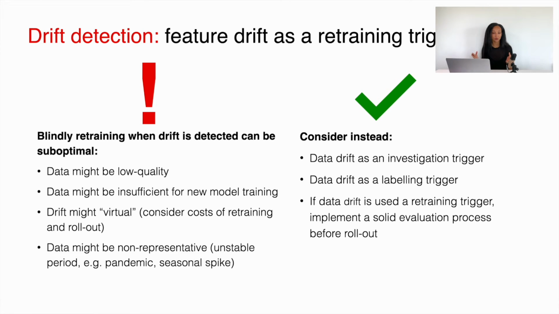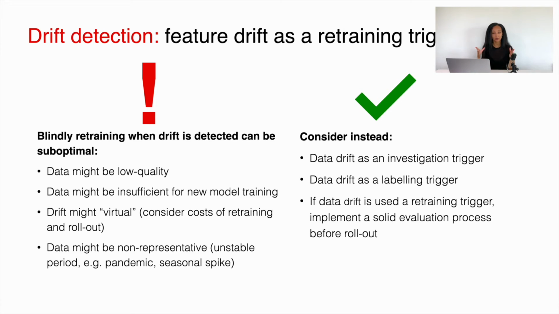First of all, data might be low quality, and if you detected the drift, the reason for the drift might be that there is some problem with data processing or maybe data quality at the data source, right? And in this case, if you retrain your model on this new corrupted batch of data, the model will be useless, right? So this is why it's quite important to understand what is the source of your data drift.